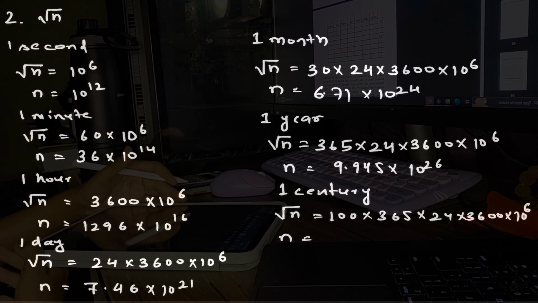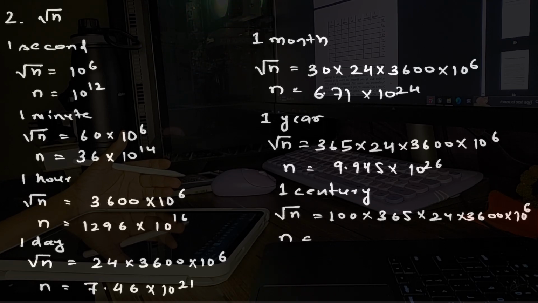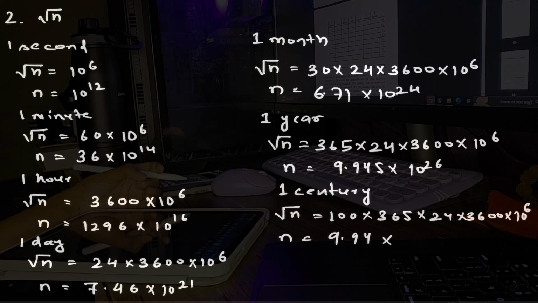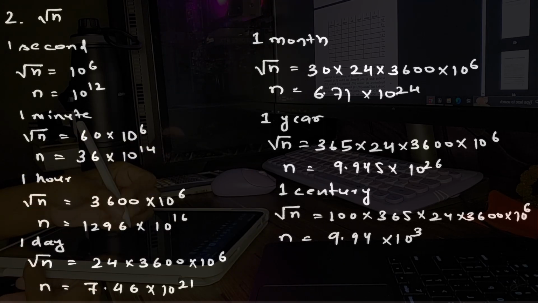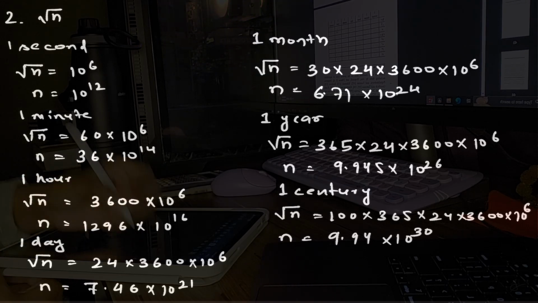Into 365 into 24 into 3600 into 10 to the power of 6. The square of that is nothing but 9.94 into 10 to the power of 30.